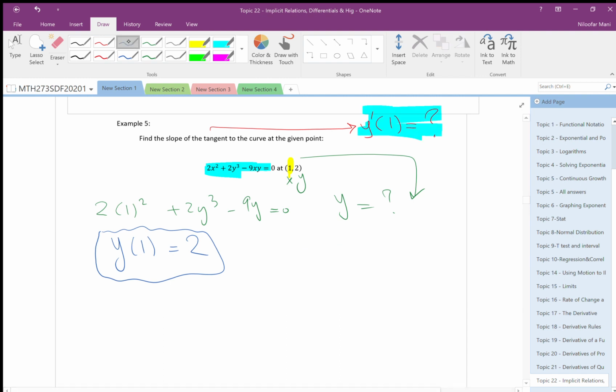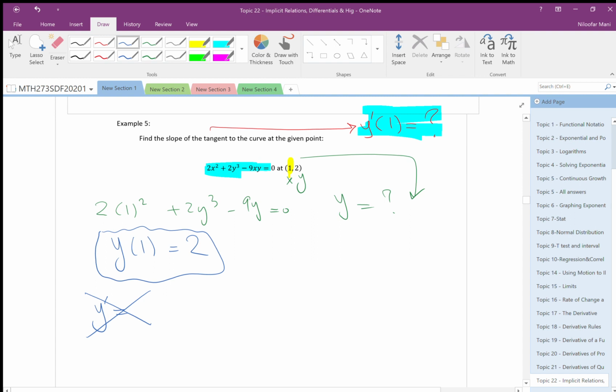Okay, so now, do I do y prime equal? No, no, no. Remember, here I do not have y equal a function. I have a relationship between x and y. Now I do derivative of both sides.